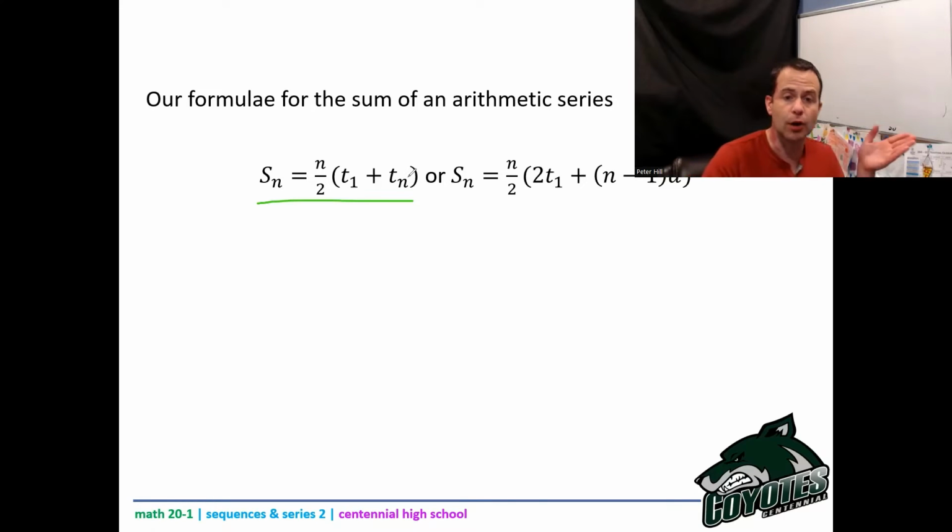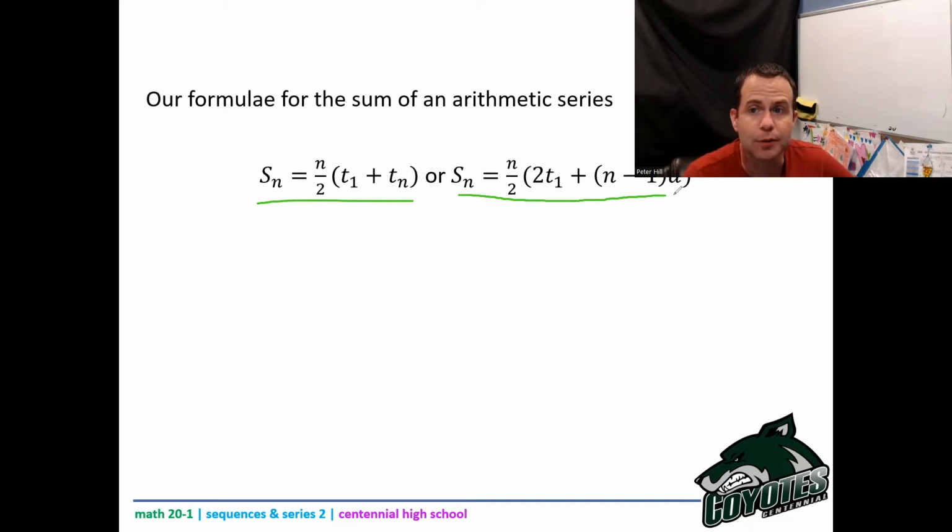And if you recall in my startup example where we added the numbers from 1 to 100, I actually showed you that formula and showed you that that worked to get that 5050. That was the sum of the numbers from 1 to 100. The other one, S of n equals n over 2 times 2 T1 plus n minus 1 d, is used when we don't know the final term.